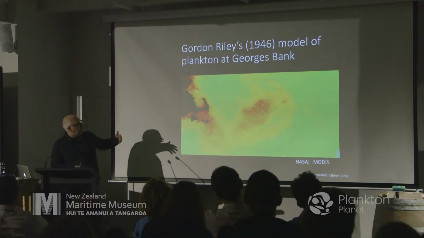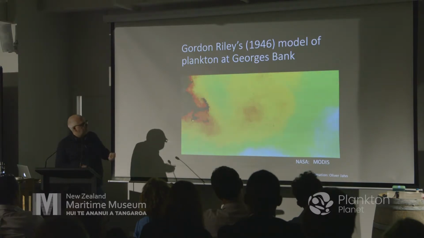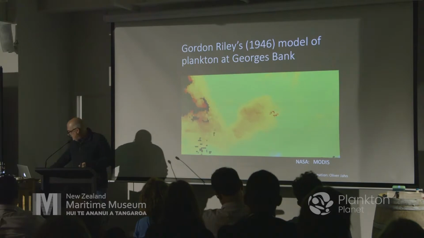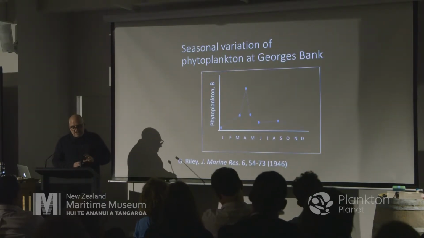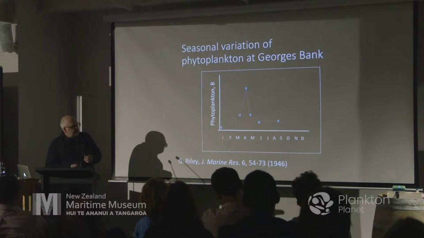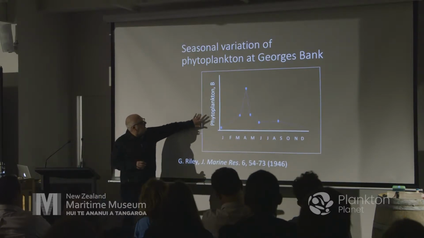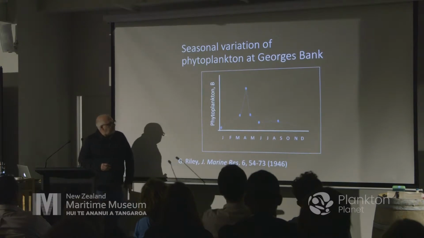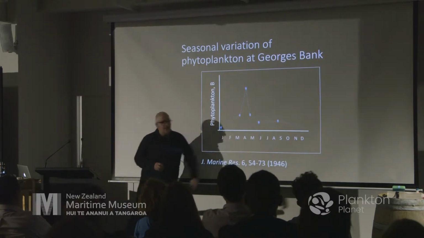And during the spring, it was already known then, of course they didn't have these satellites at that time, it was already known that there was a strong seasonal variation. And Riley and his team went out to sea and did a really groundbreaking set of measurements. And here's how they visualized this seasonal variation. They're looking at the concentration of phytoplankton, we call it B here, as a function of month, so January, February, March through to December.